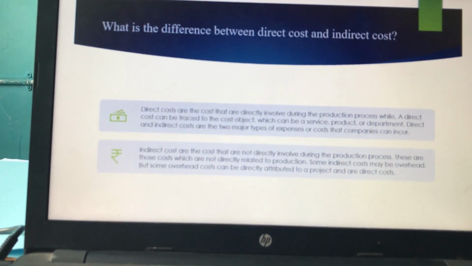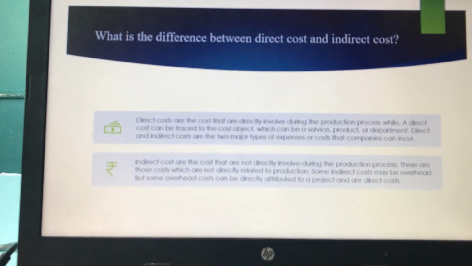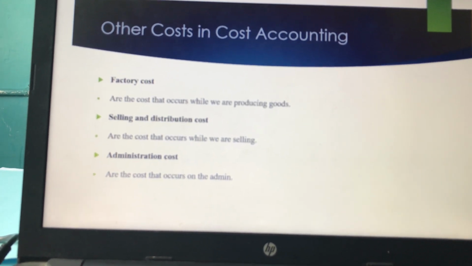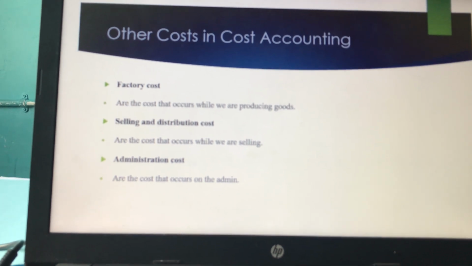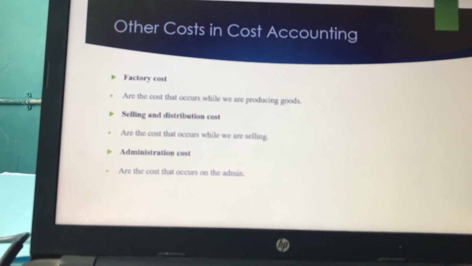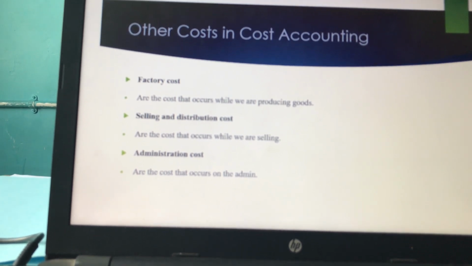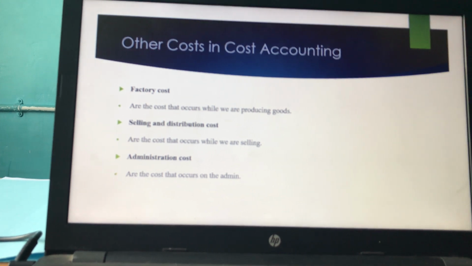So now we go down. What is the difference between direct cost and indirect cost? I will touch on that and summarize it all for you. But now I'm just trying to show you on your laptops and on the projector that we will be using, you will see all of this showing there. These are other costs that the business usually has.